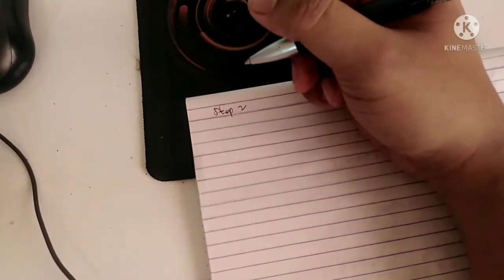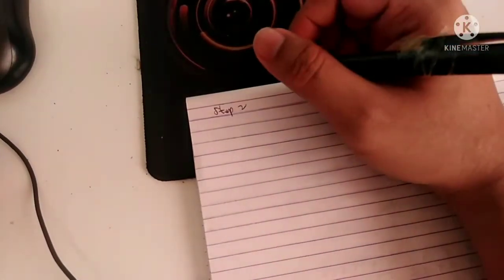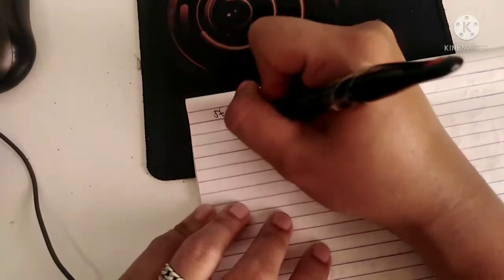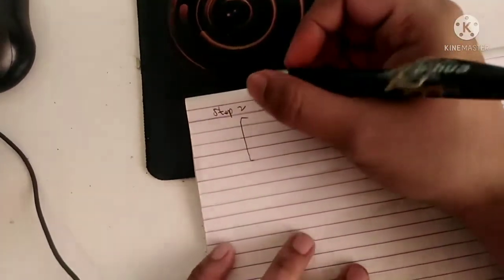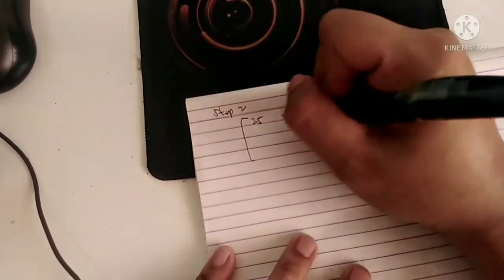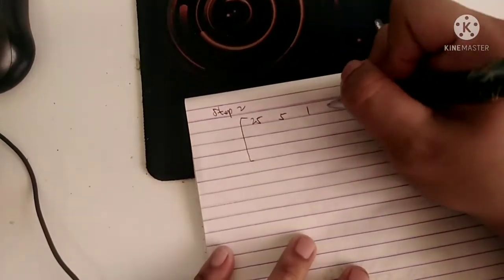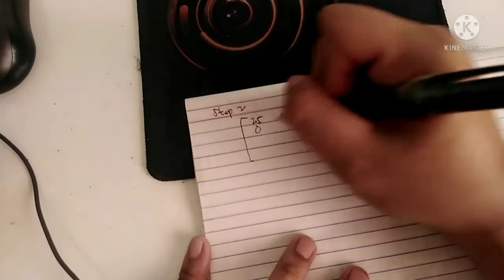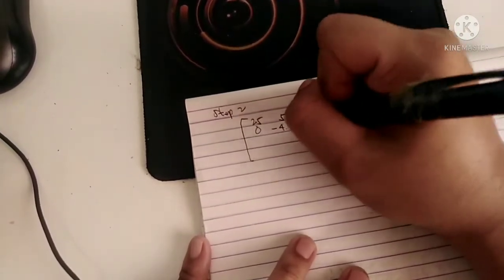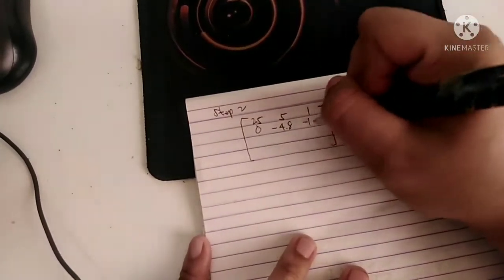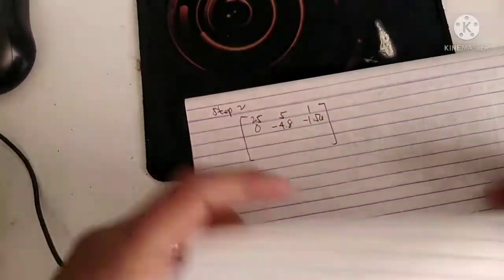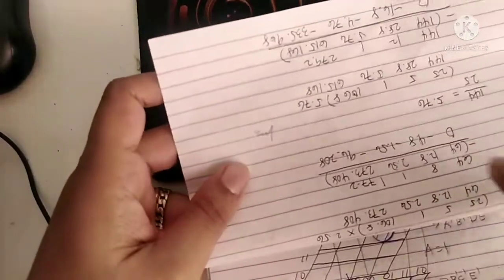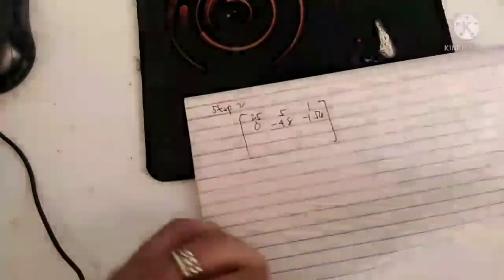So in step 2, our new coefficient matrix will be 25, 5, 1. Since this is now 0, then 0, negative 4.8, negative 1.56, which is this equation.